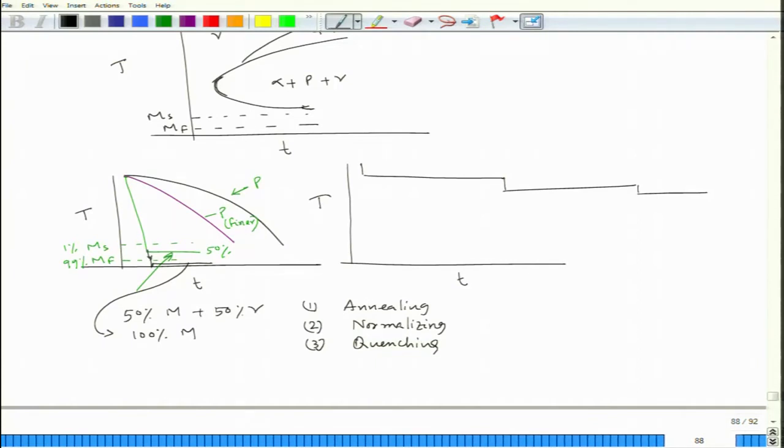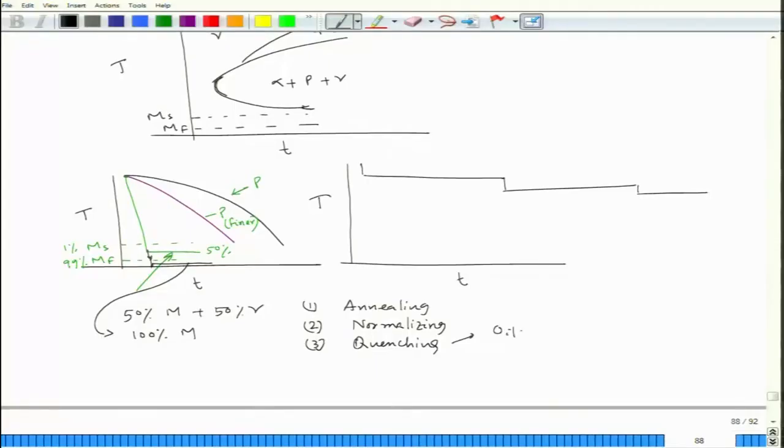Oil has less quench intensity, meaning the thermal stresses developed on the surface would be a little less, and it also avoids oxidation because it is an oily medium. So, quenching can be oil quenching or water quenching.